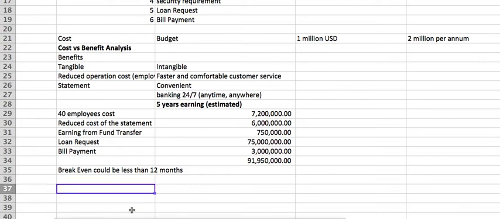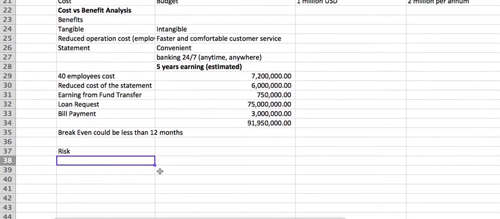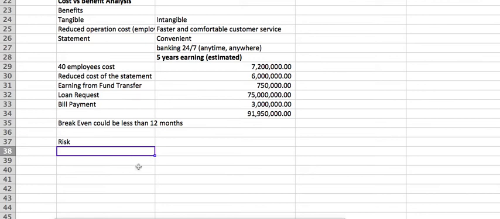Next, we also have to talk about the risk. What are the risks a company will face after going online? You have to consider security risk. This is very important. Then you are talking about insurance, which is very expensive.